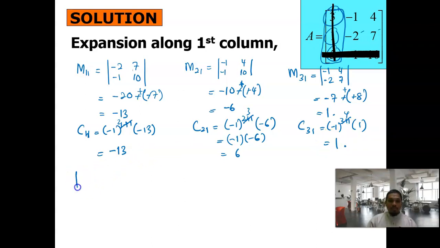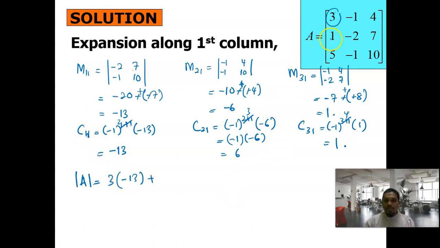Okay, so now determinant of A equal to the summation of the element in row 1 and column 1, which is 3, multiplied with the cofactor of 1, 1, which is negative 13, plus the element in row 2 and column 1, which is 1 here, multiplied with the cofactor of 2, 1, which is 6, plus the element in row 3 and column 1, which is 5 here, multiplied with the cofactor of 3, 1, which is 1 here.